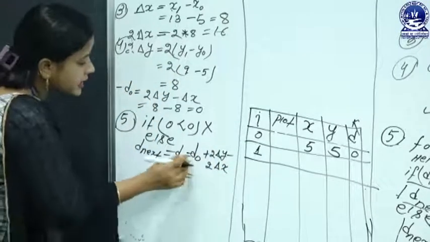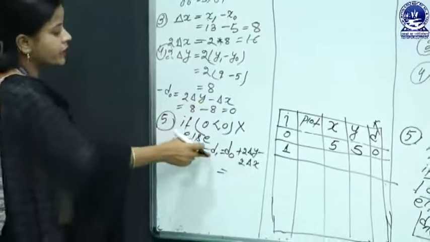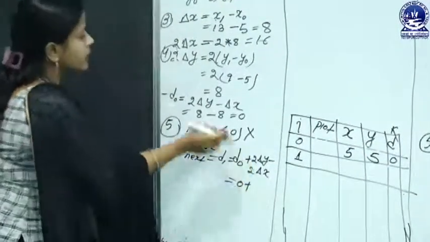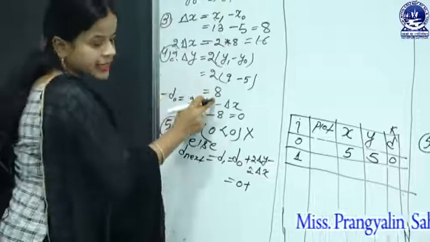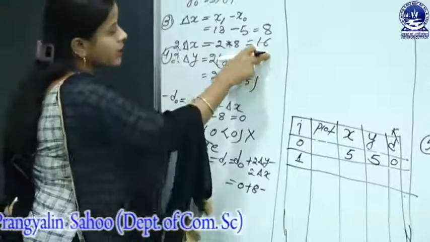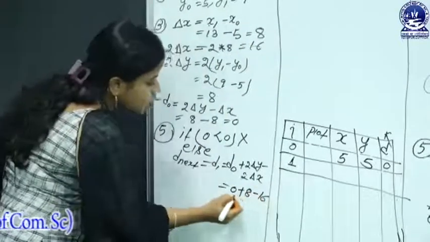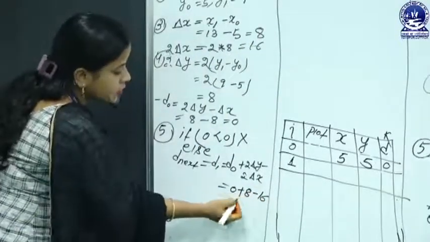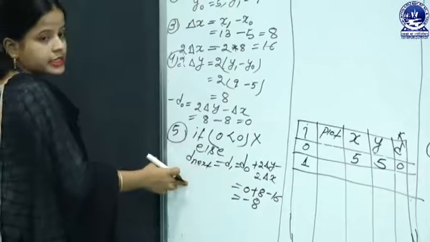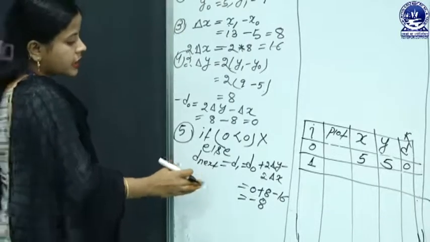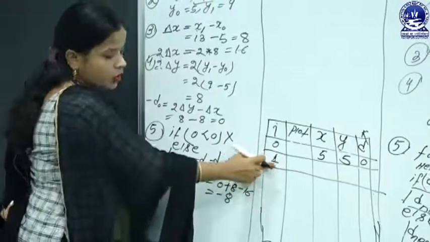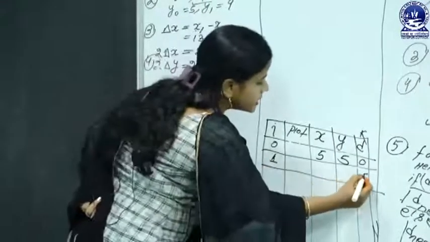Here the previous decision variable d0 is 0, plus 2 delta y, that value is 8, minus 2 delta x, as I already explained, that's 16. So 8 minus 16 plus 0, that's minus 8. That means the next decision variable value is minus 8 when the counter value is k equal to 1.